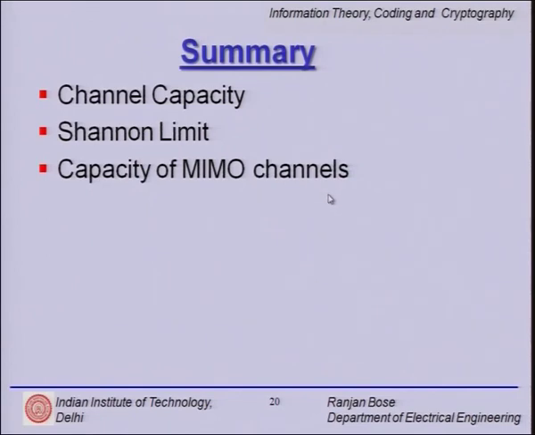We looked at different cases, whether the channel state information is known to the transmitter or it is not known, and how we can intuitively visualize scalar data pipes depending upon the mathematical properties of this matrix H, which links the MT transmit antennas to MR receive antennas. With that, we come to the end of this lecture.